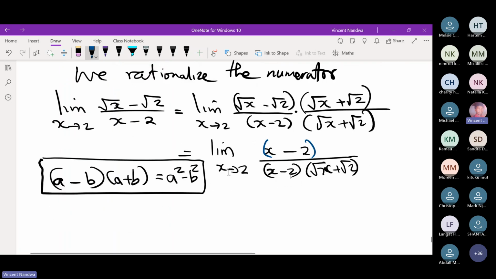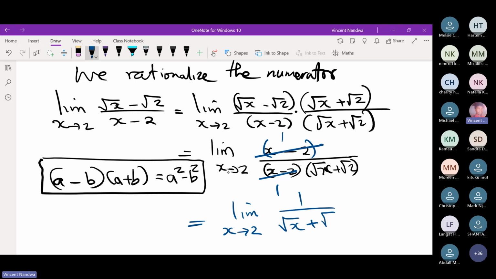So what should you do now in the next step? Cancel out, correct. Because you can see that this x minus 2 and x minus 2 are common. So we'll have the limit as x approaches 2 of 1 over square root of x plus square root of 2.